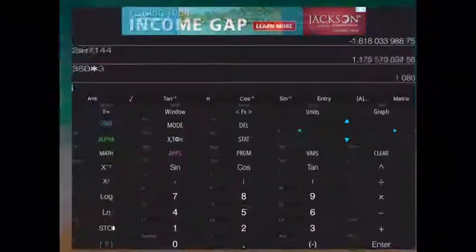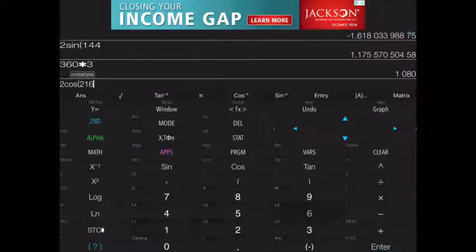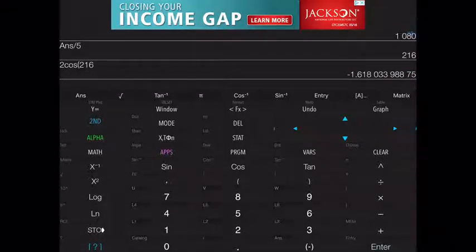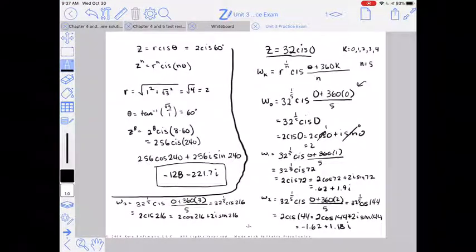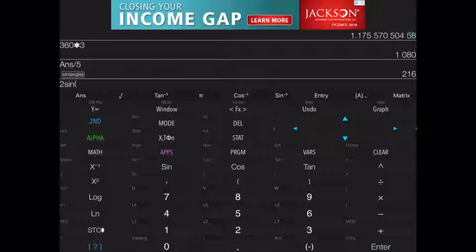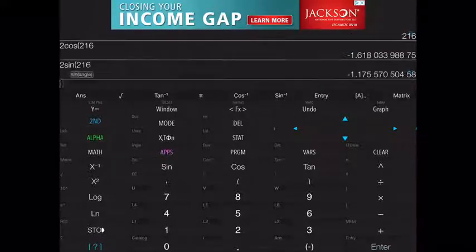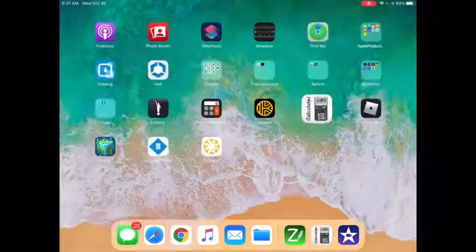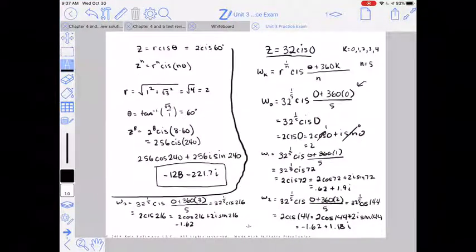So we figure out 2 cosine 216 is negative 1.62, and 2 sine of 216 is negative 1.78, or negative 1.17. And we'll round that up to 1.18.